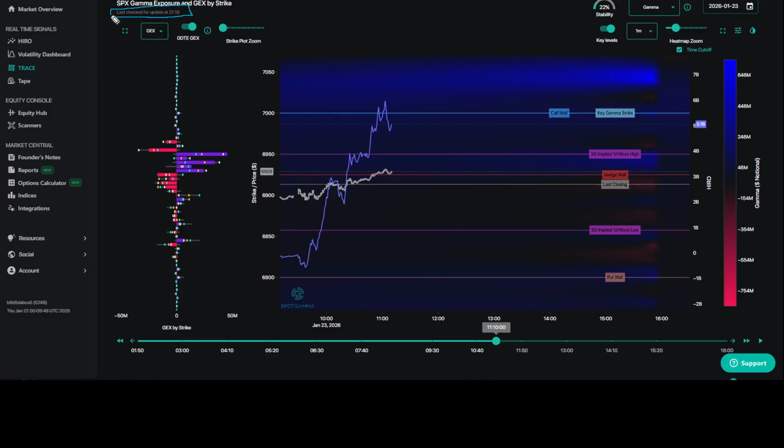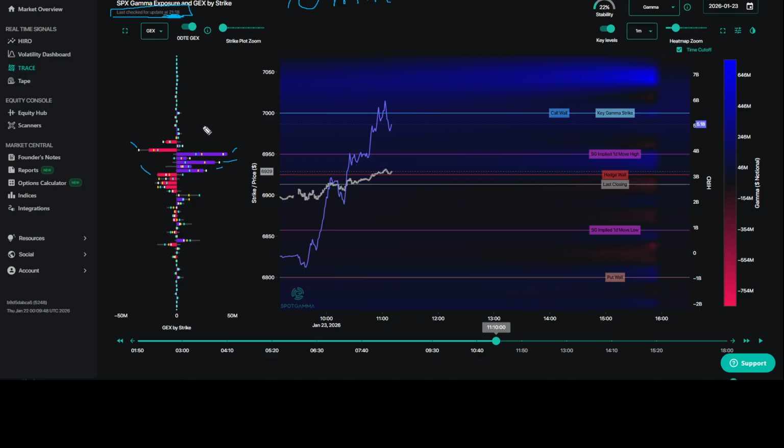When you are trading, you have to check the last update date here, and you will see that data will be updated every 10 minutes. So this bar changes every 10 minutes.